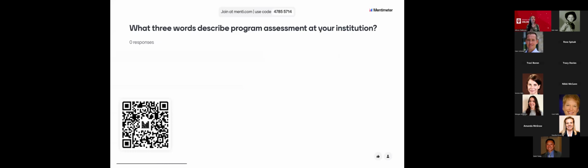So what three words describe program assessment at your institution? I put the QR code up there. And if for some reason you can't get the QR code or Menti to work, feel free to drop your responses in the chat.